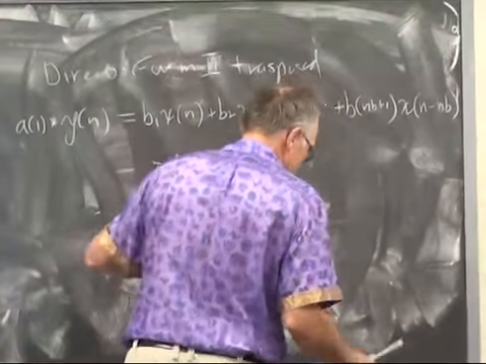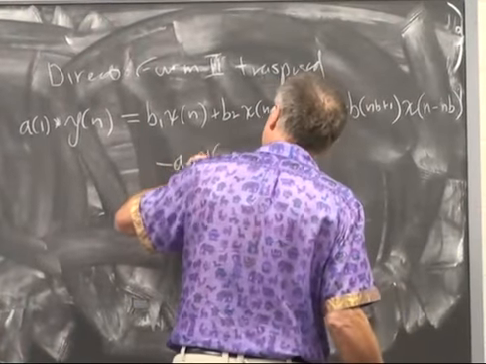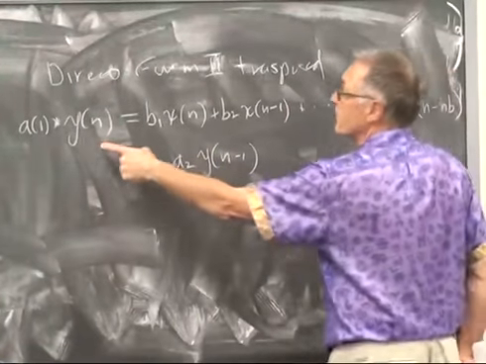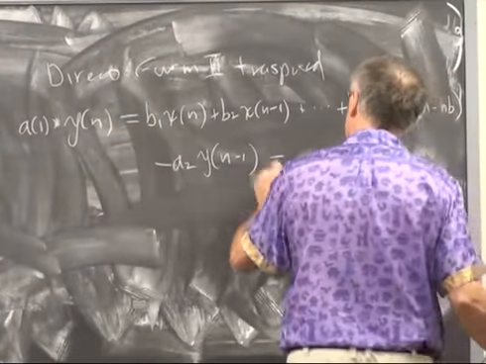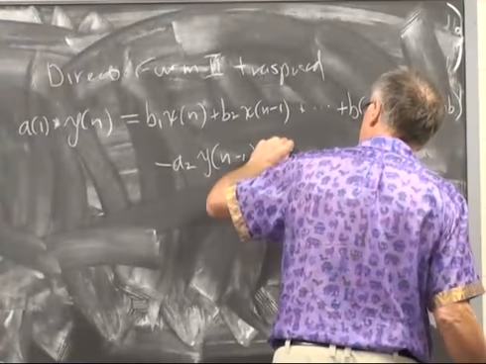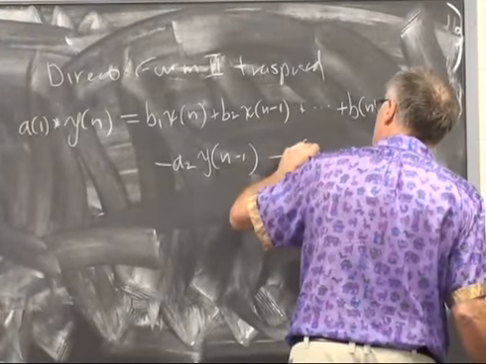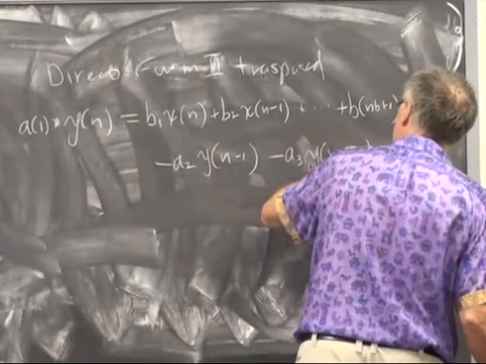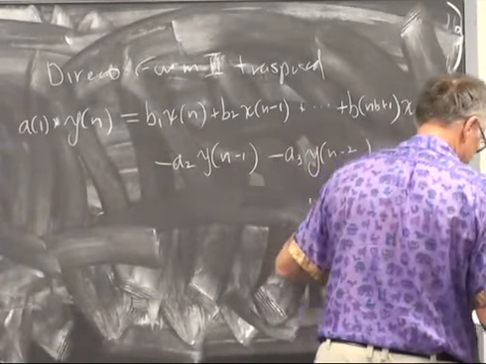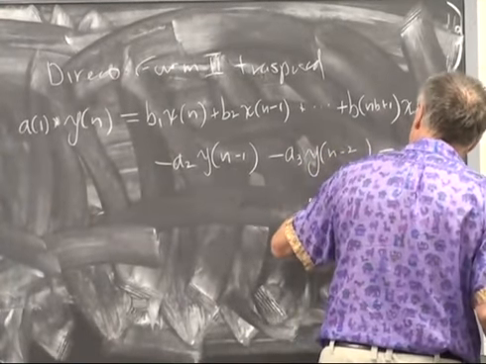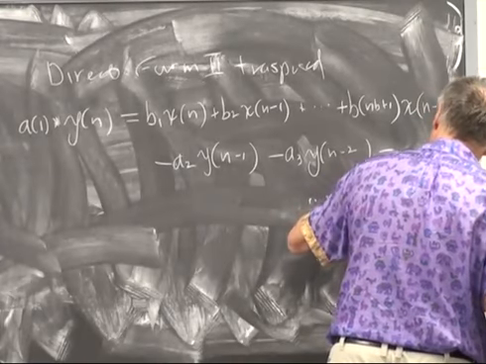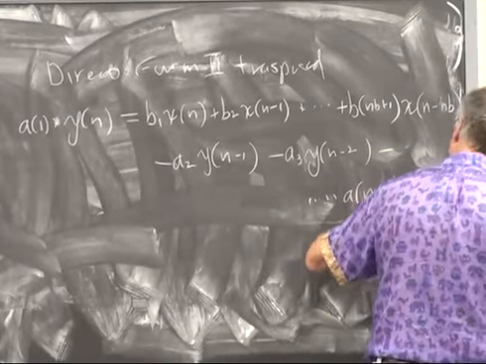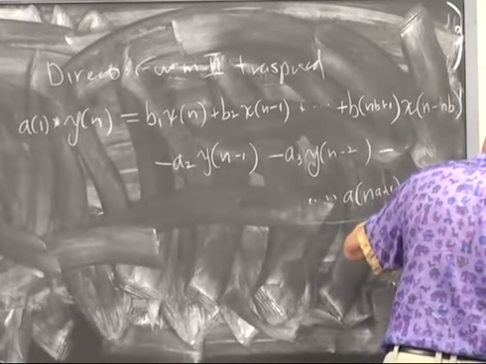Then we're going to subtract off previous outputs. So now this is the last output of the filter before the current one. a3 times y of n minus 2, minus dot dot dot, a of na plus 1 times y of n minus na.